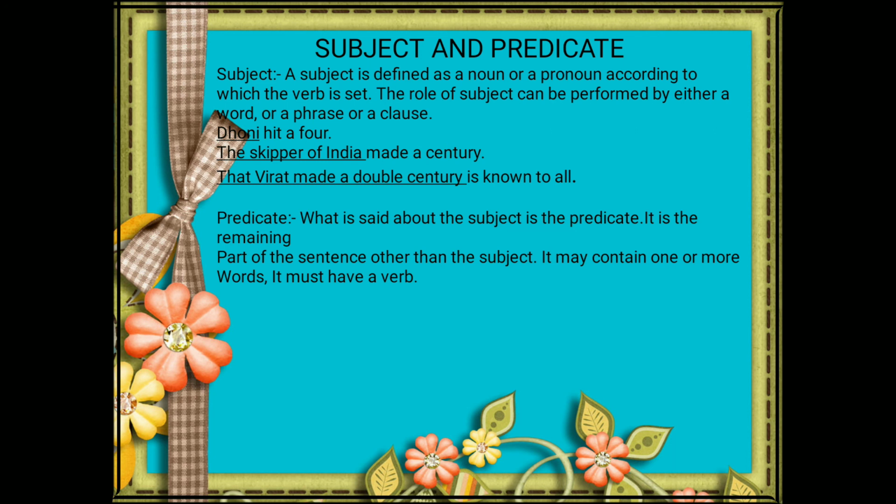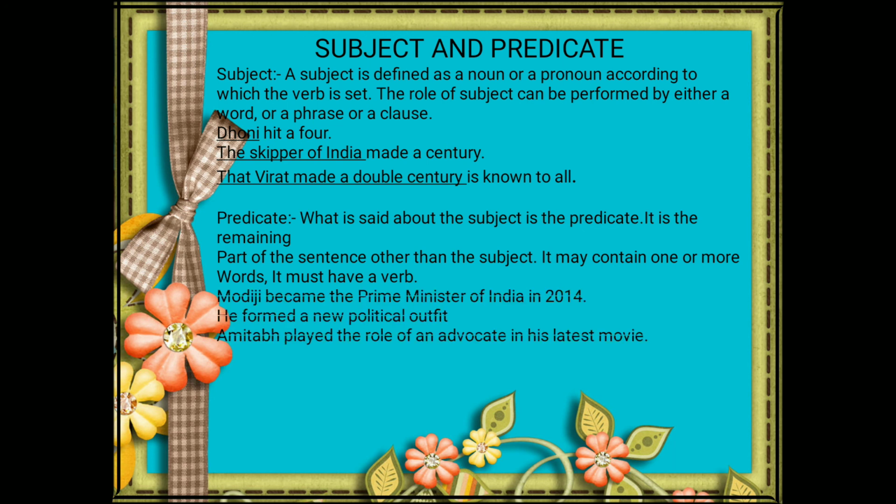Now, how can you tell the difference between a subject and a predicate? So, one way to remember the difference between the two is that the subject will be a noun or pronoun and the predicate will contain a verb in addition to a possible modifier. Let's read the example. Modi ji became the Prime Minister of India in 2014.